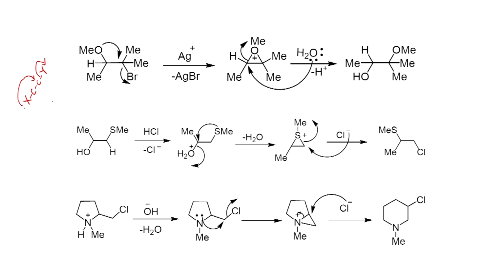So you will be able to form a cation intermediate. If you have X with a lone pair, for example oxygen, sulfur and nitrogen, they can assist as neighboring groups, so that Y can leave with its bond pair, and you will be able to generate a cation intermediate.